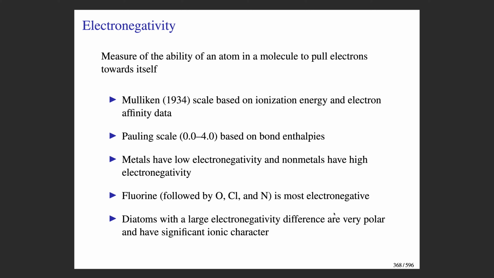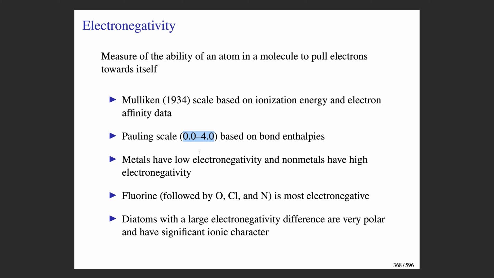One is called the Mulliken scale, and it's based on a calculation involving ionization energies and electron affinity data. The scale that we typically use is the Pauling scale. It's based upon bond enthalpies, so the energy required to break a bond in various molecules is used to define this electronegativity quantity. It has a range between 0 and 4.